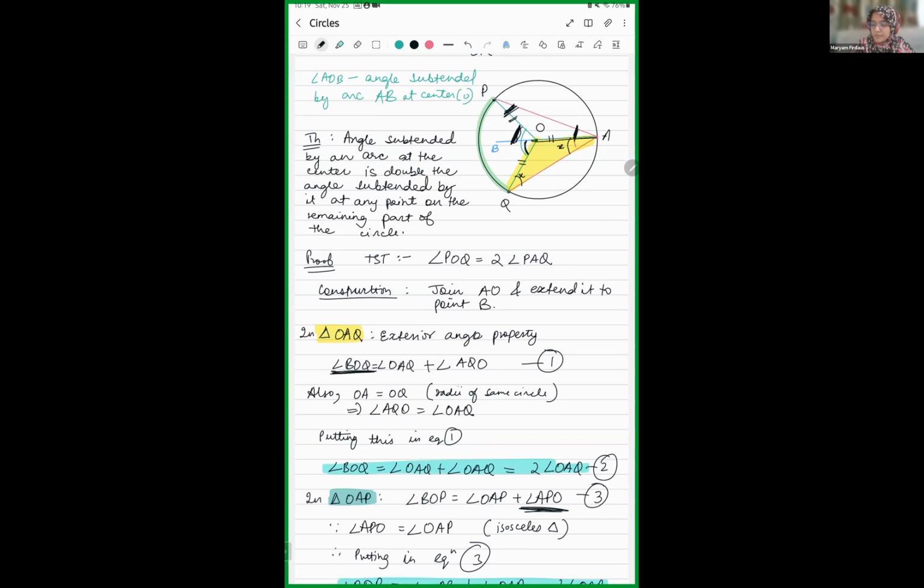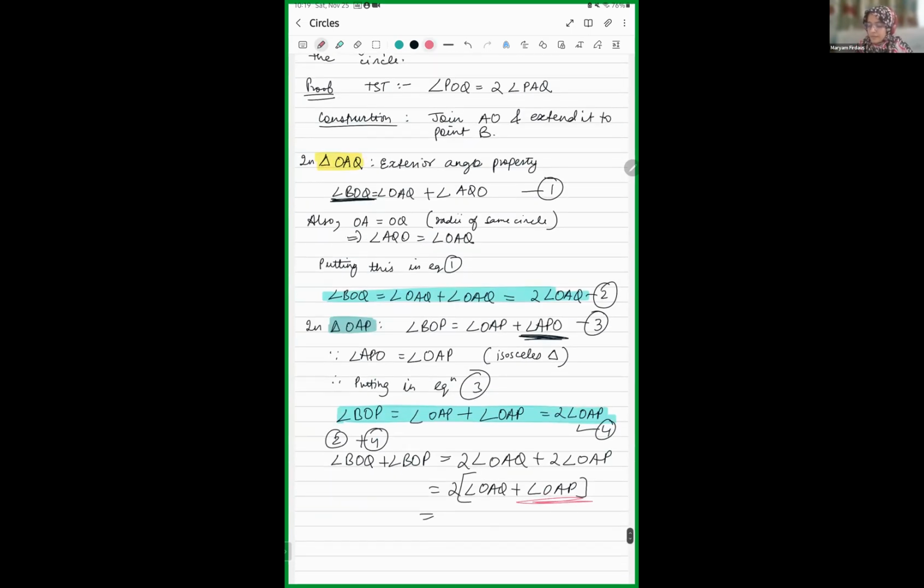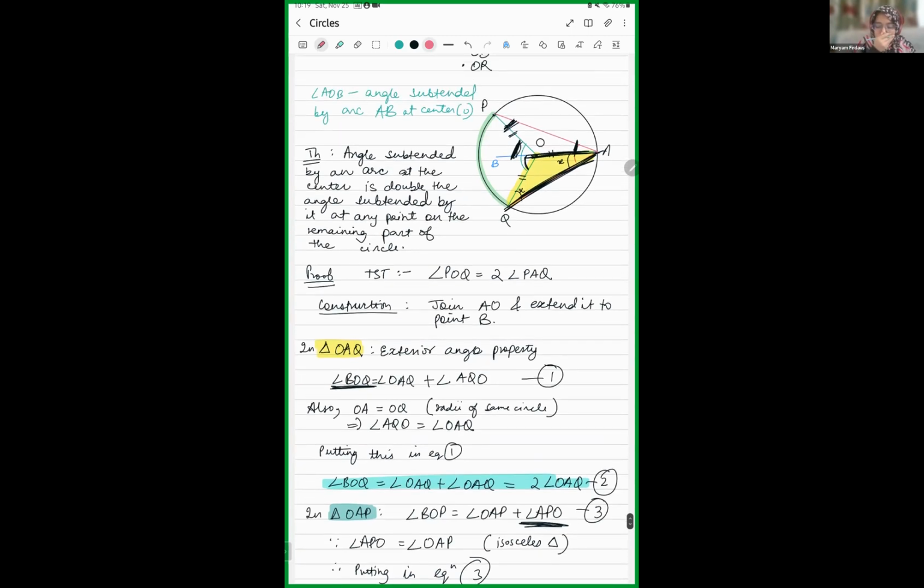Now can you look at this circle and tell me angle OAQ, which is this one, plus angle OAP. When you add these two angles, which angle do you get?